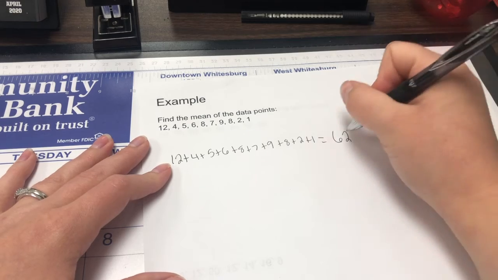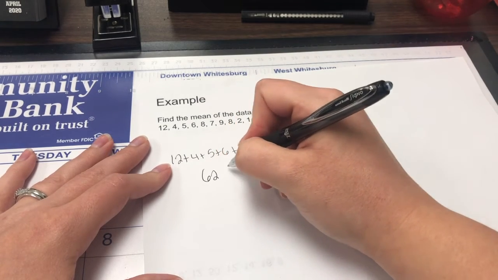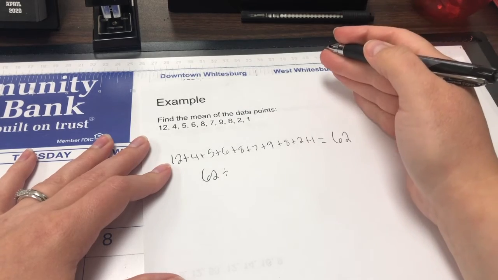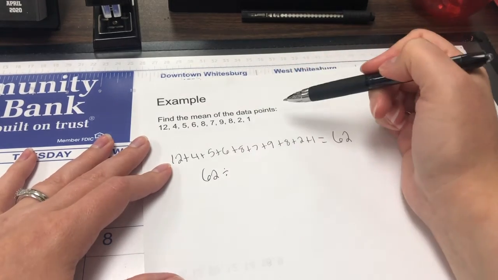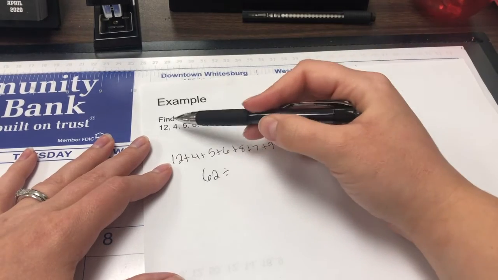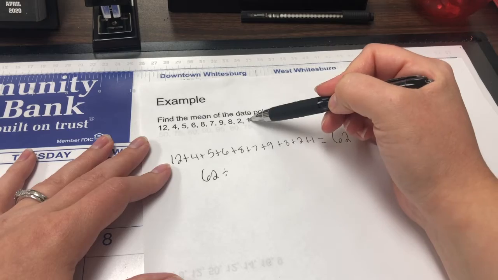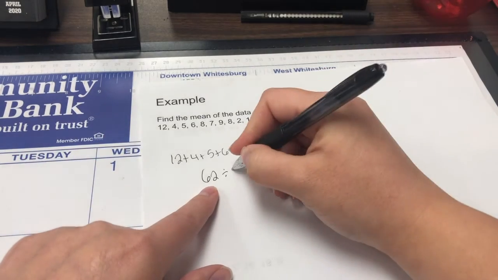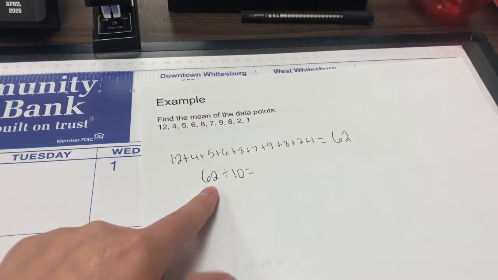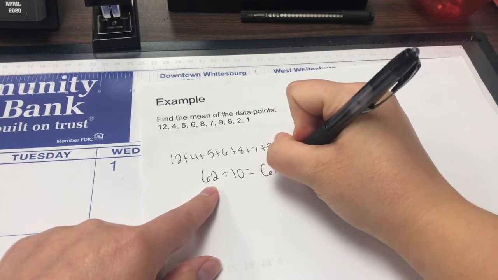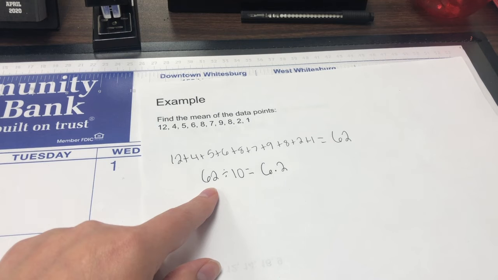So then you're going to take 62 and divide it by how many numbers that you have. So we need to count how many data points we have. 1, 2, 3, 4, 5, 6, 7, 8, 9, 10. So we're going to divide 62 by 10. So our mean will be 6 and 2/10.